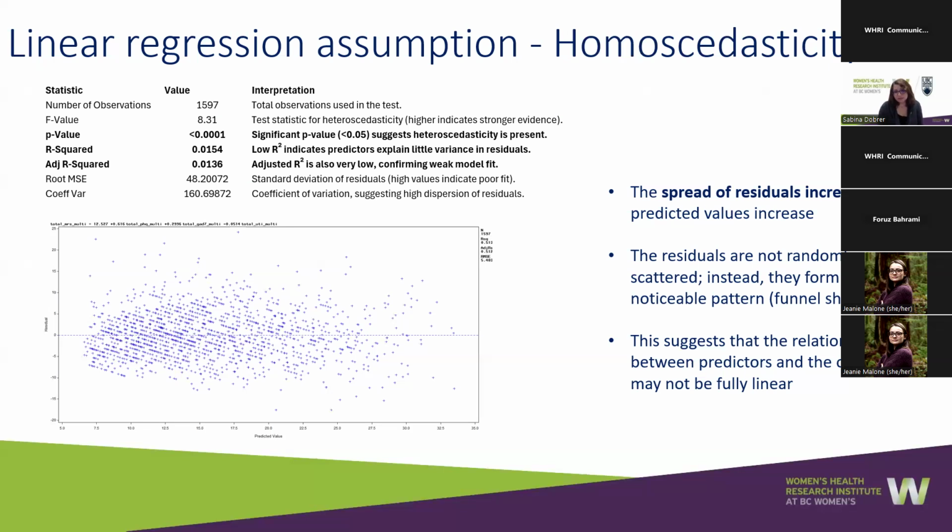This suggests that the relationship between predictors and outcomes might not be fully linear. So basically, if we have an increase in variance over time, maybe our relationship is not as linear as we expected, despite the Pearson correlation being relatively high, around 0.6 for all the variables.